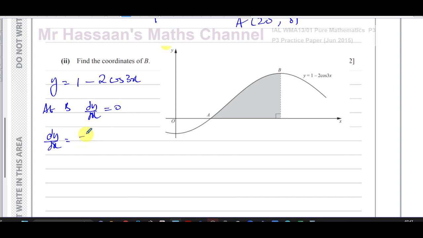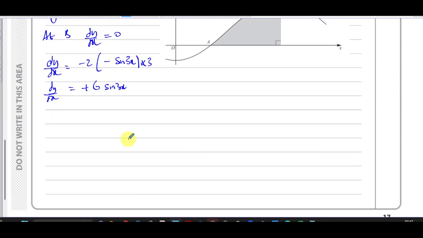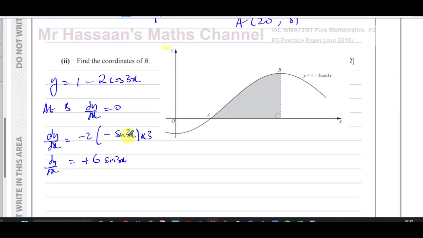So we have minus 2 times, I'll write this in a bracket, minus sine of 3x, but then I have to multiply by the differential of what's inside the function, so I multiply by 3. So I end up with positive 6 sine of 3x, because you have minus times minus, 2 times 3, so you end up with 6 sine 3x, and that's what dy/dx is.